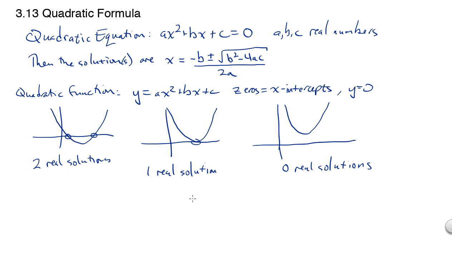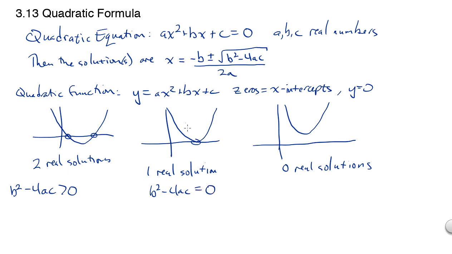Whether you have 1, 2, or 0 solutions is dependent upon this part here under the square root, that b squared minus 4ac. If that's positive, then you're good to go. You'll have a plus or minus a positive number, and that'll give you your two zeros for that quadratic function. You'll have one real solution if b squared minus 4ac is exactly 0.